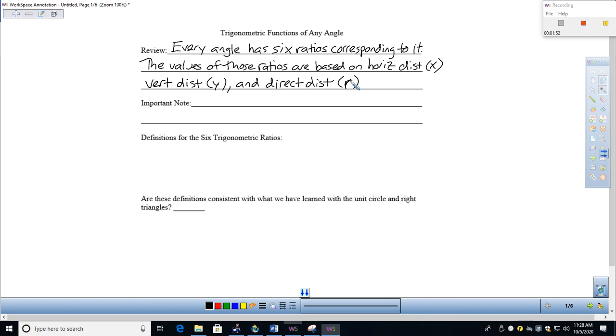All right, now, a very important note as we move forward here. We've talked a little bit about this idea before, but I do want to elaborate on it. When we're talking about the coordinate plane, x and y can be either positive or negative based on direction. So if you would write that in there: x and y are either positive or negative based on direction.